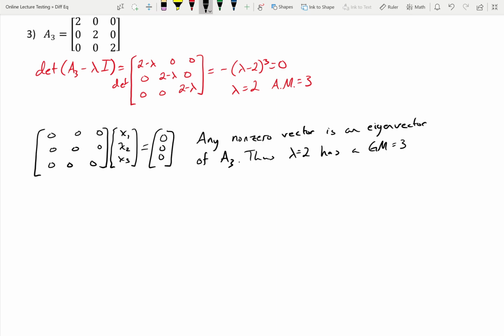We already knew this was coming, but we also found that with the associated x1, x2, x3, we could choose any values. This means there could be an unlimited amount, but our geometric multiplicity is only as large as the algebraic multiplicity. Since it was 3, we have 3.